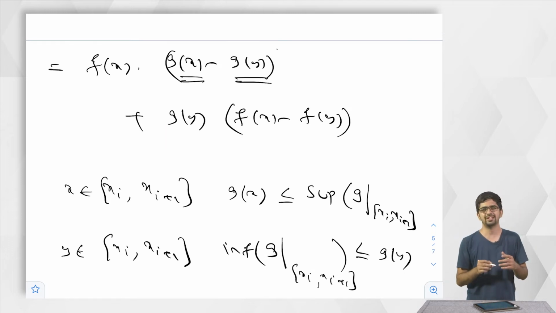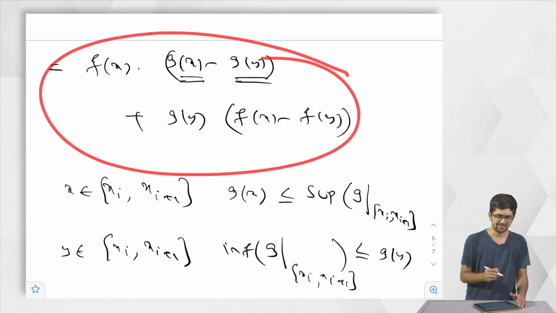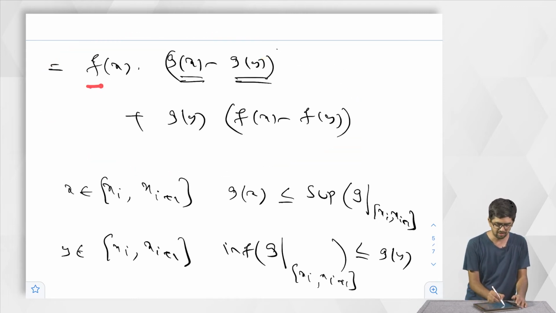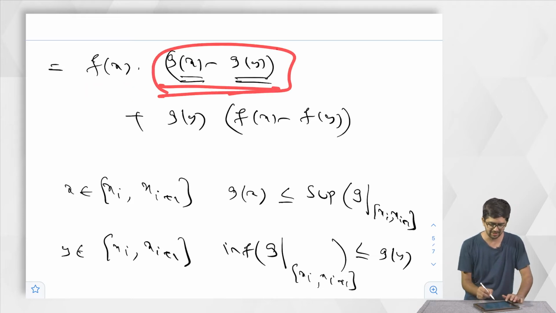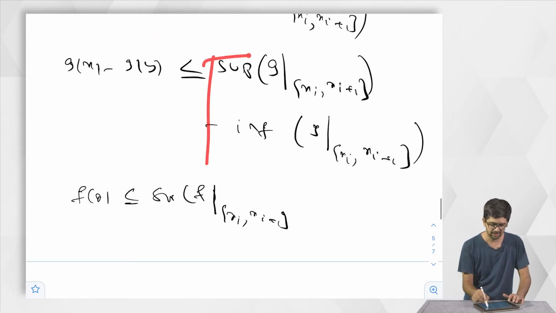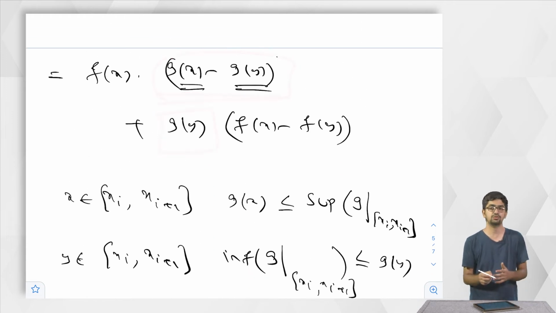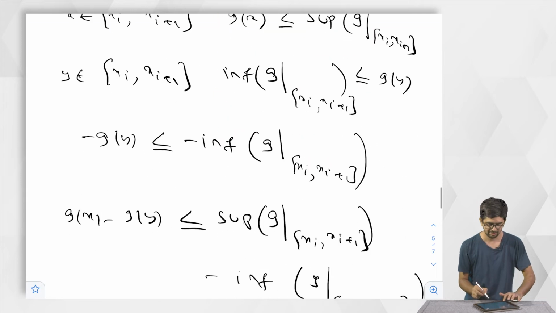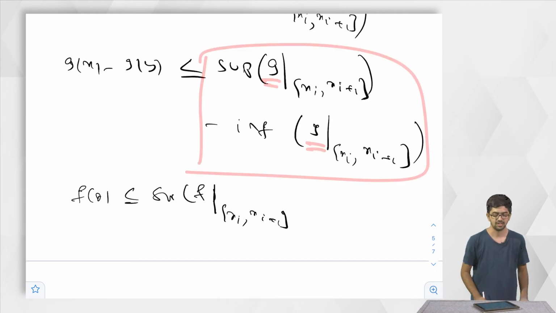Now one naive step that we can do is to write that this thing is less than or equal to the maximum of f times whatever we got for this inequality, the supremum minus infimum, plus the maximum of g times this, replaced with f.